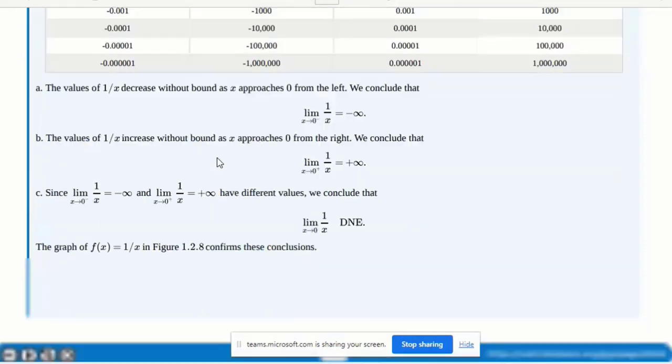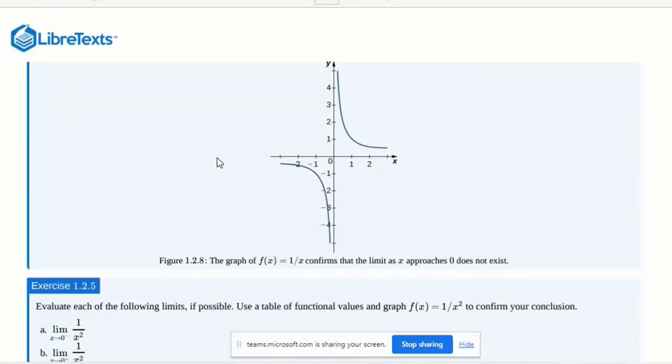This was the example. Here is the exercise. It says, evaluate each of the following limits, if possible. Use a table of functional values and graph f of x equals 1 over x squared to confirm your conclusion.